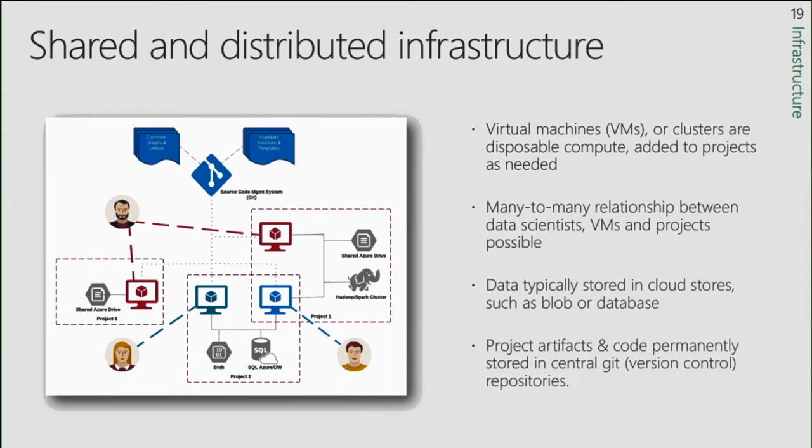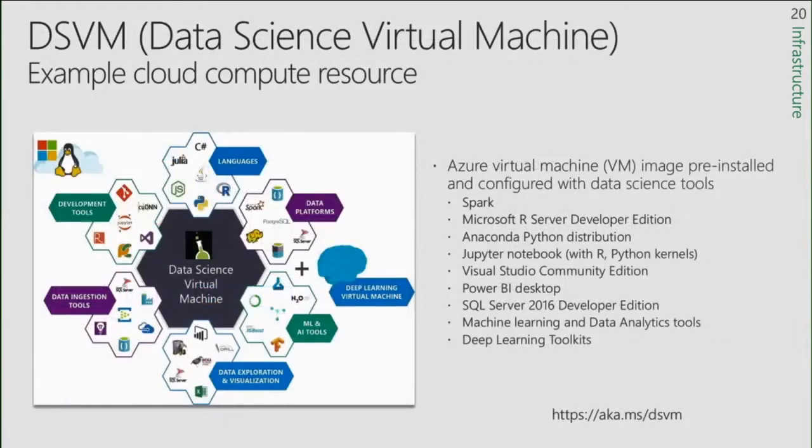So in that kind of a framework, we provide some guidance regarding what kind of infrastructure you need to provision to get started efficiently, what kind of storage and compute resources you could utilize, and so on. In particular, the data science virtual machine is a very popular tool with data scientists, and that's the tool we recommend.